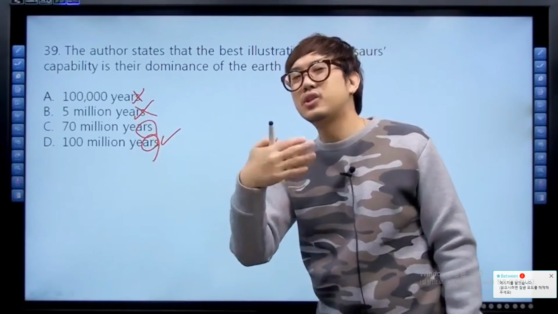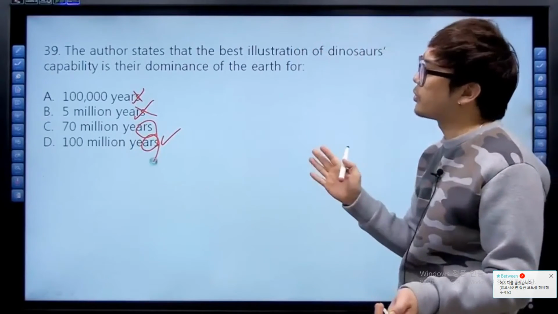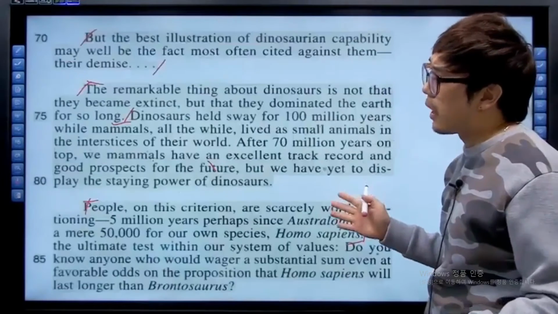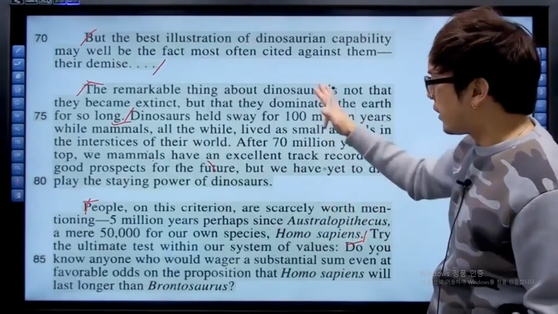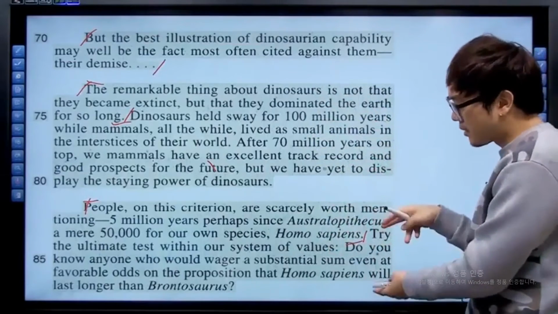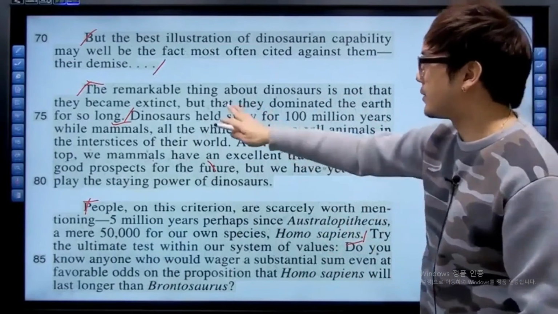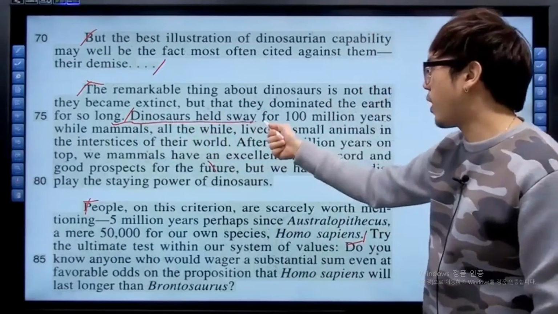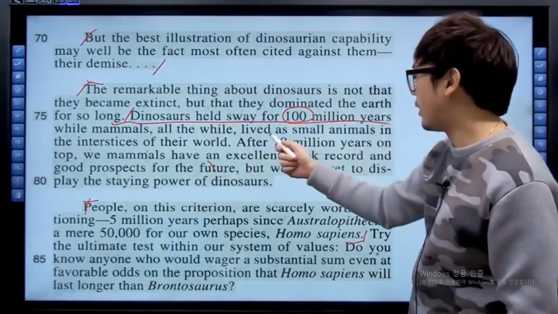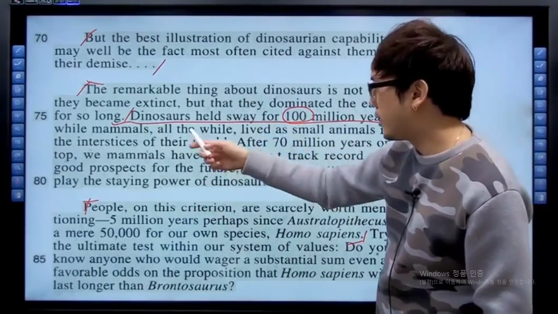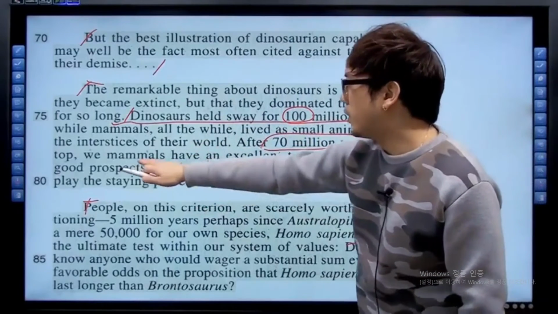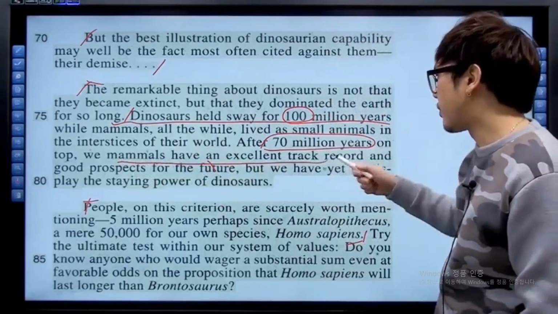To make sure, let's find out how long they've been there, or how long humans have been there. We know it should be somewhere here, because we're talking about extinction and comparing that to human beings. It says, dinosaurs held sway for 100 million years, while mammals all the while lived as small animals in the interstices of the world. After 70 million years on top, we mammals have an excellent track record.